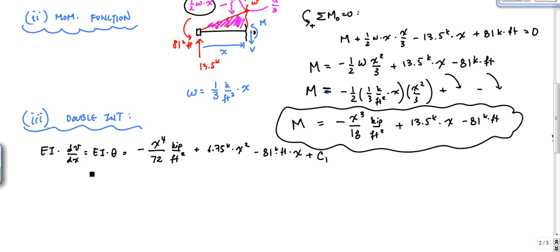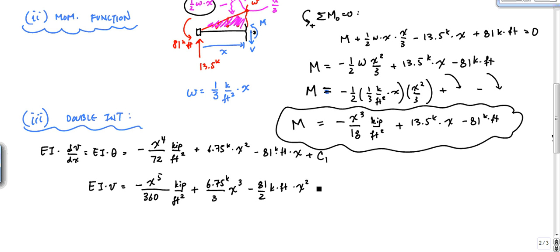Then EI times v, the displacement function, or the equation of the elastic curve, is minus x to the fifth over 72 times 5, which is 360 kip per foot squared. Let me know if any of my algebra or math is wrong, please. Plus 6.75 kips divided by 3 times x cubed, minus 81 divided by 2 kip feet x squared, plus C1 times x plus C2.